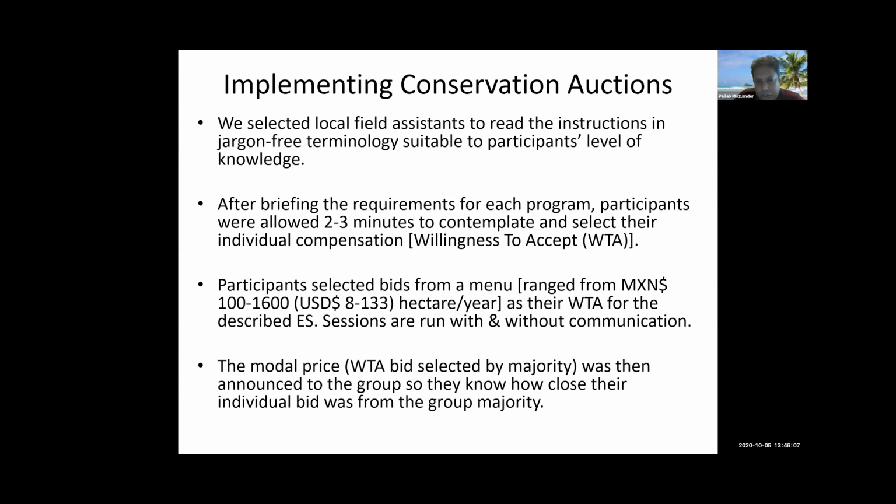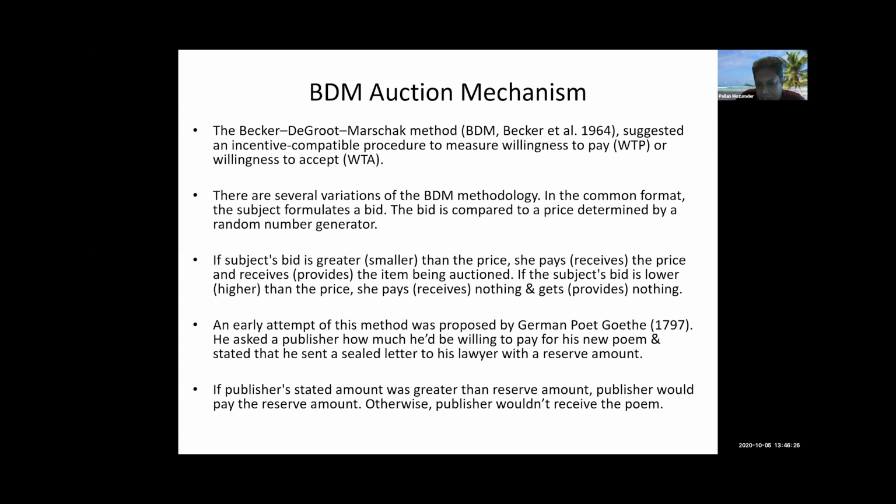Basically, in this auction mechanism, they submit their desired price, how much they will accept for different conservation activities per hectare per year. There is a mechanism whereby their bid can be accepted or rejected. If it gets accepted, they sign the contract and they get the payment.